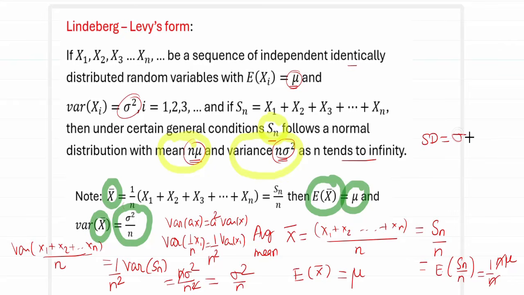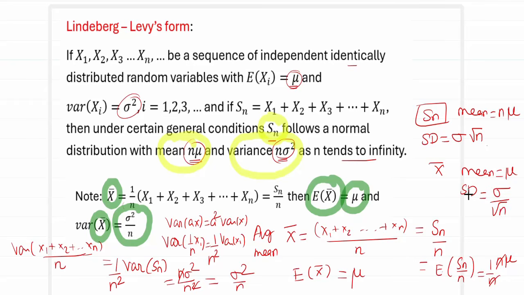It will be sigma into square root of n. So Sn has mean equal to n mu and standard deviation sigma into square root of n. Your x bar has mean equal to mu and standard deviation equal to sigma by square root of n. So this is how we say Sn and x bar follow normal distribution.